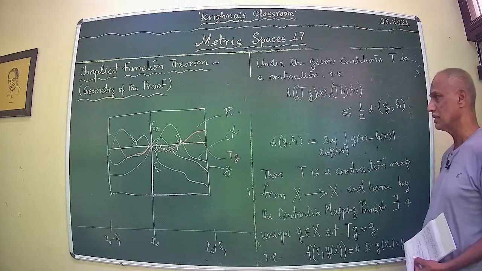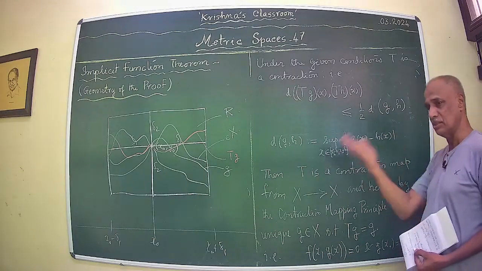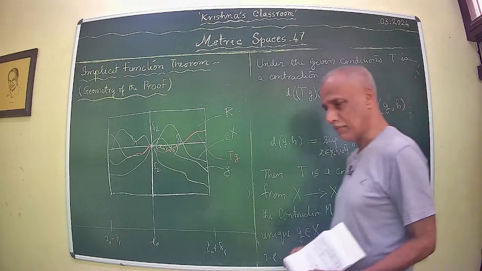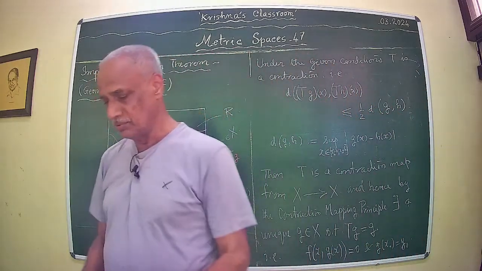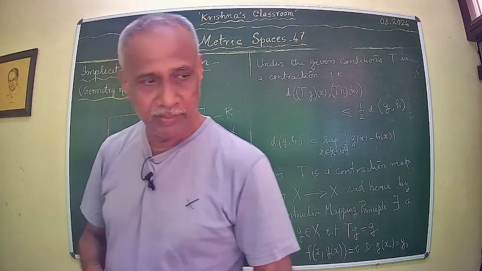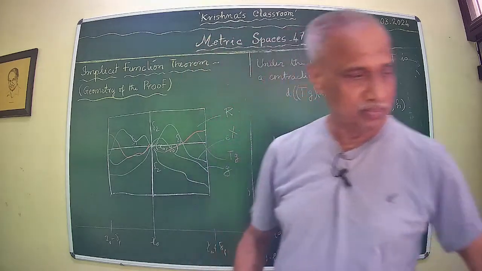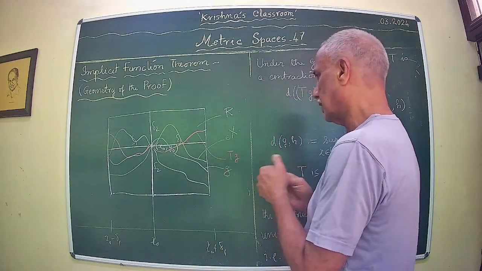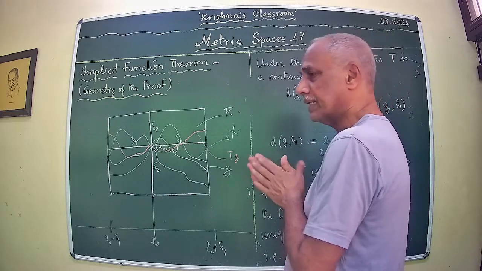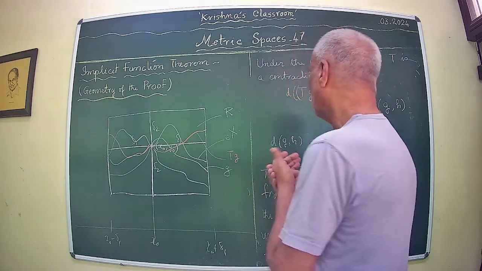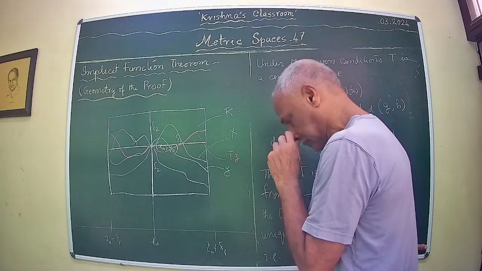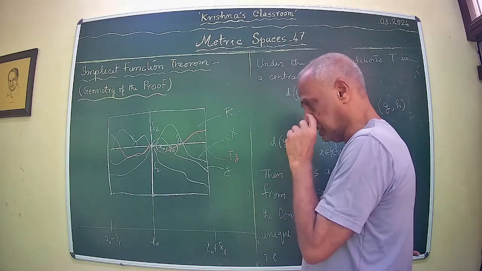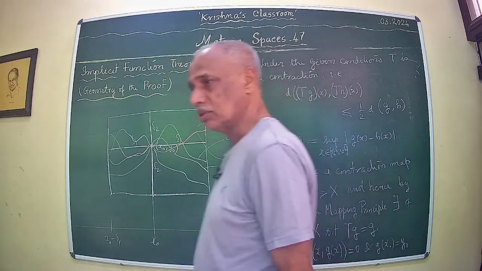Okay, now this is the geometry of the proof. I thought that maybe it is worthwhile to spend a moment on the geometry, so that there is better clarity on how the fixed point theorem applies. So thank you very much.